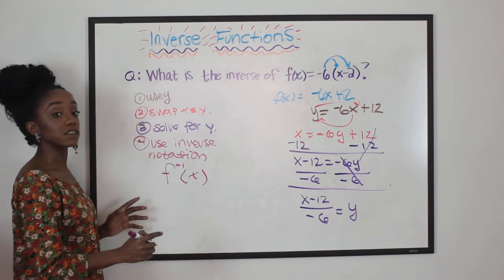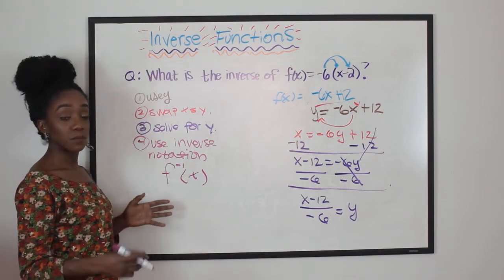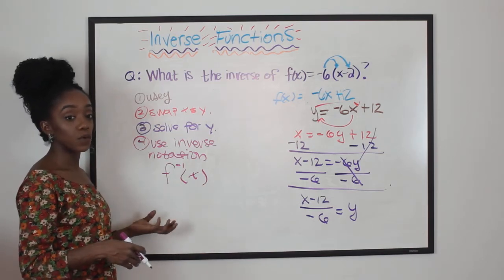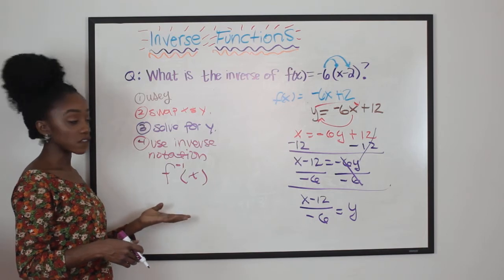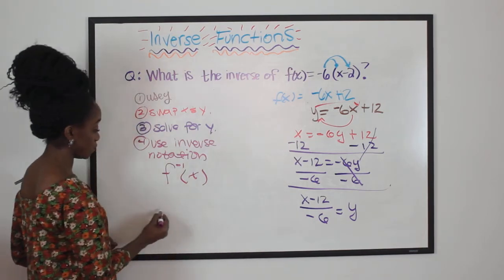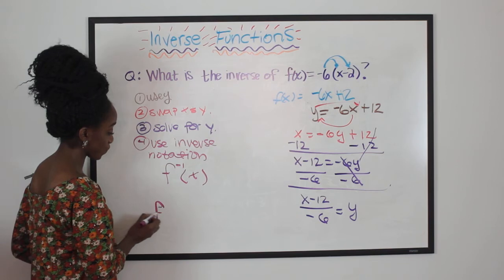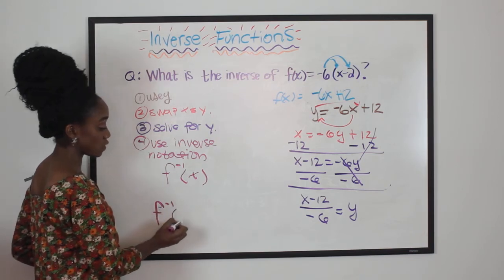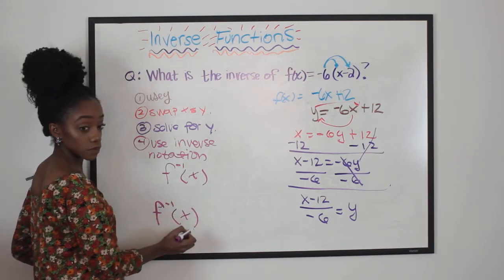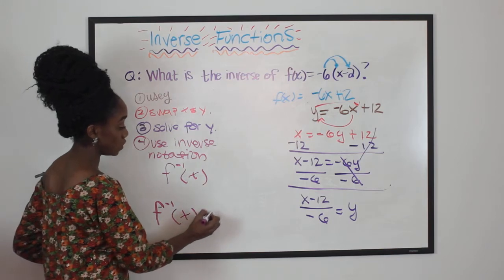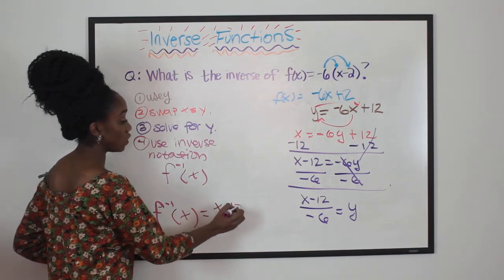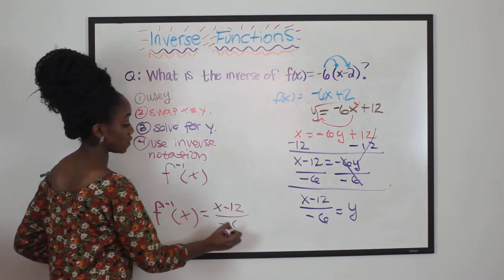So instead of having f of x, because this is the reverse function, we're going to put it as f inverse of x. So our final answer will be f inverse of x equals x minus 12 over -6.